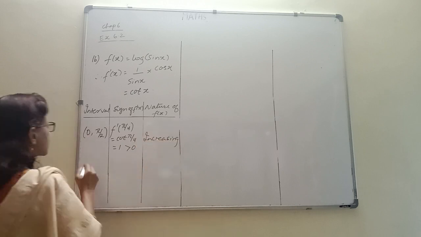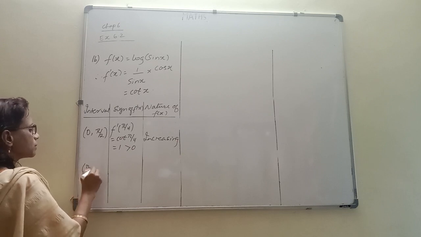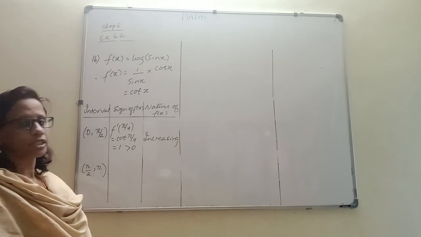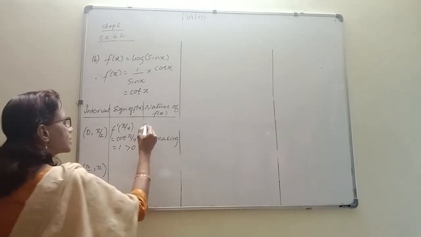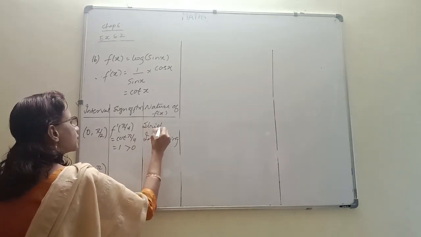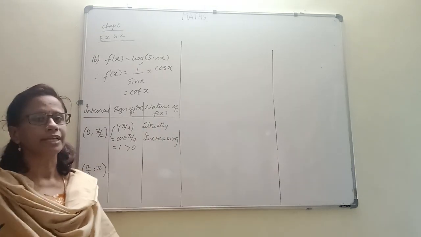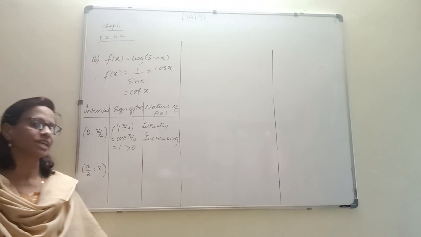The next interval is pi by 2 to pi, and there again they ask us to check whether it is increasing or decreasing. In fact, they ask strictly, so yes, strictly. Between this you can take any value. 2 pi by 3 and 3 pi by 4 are the values we generally take.